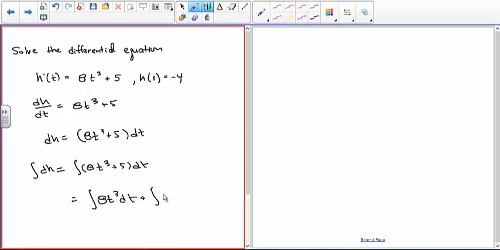Later on, we won't need to do that, but just for today. One of the properties of antiderivatives is you can take the constant and move it across the integral sign. You can't do that with the variable, but you can do that with constants.